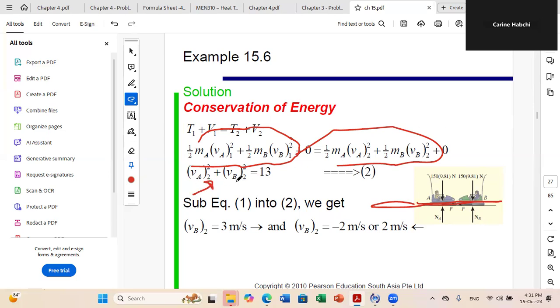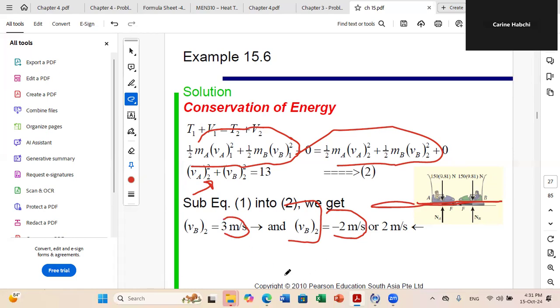Because you have a second degree equation, you will end up with two possible solutions, okay? But one of the solutions will be rejected because the velocities will not change. What I mean by this is, if you take the solution for VB2, you will get VB2 is -2 or 3.